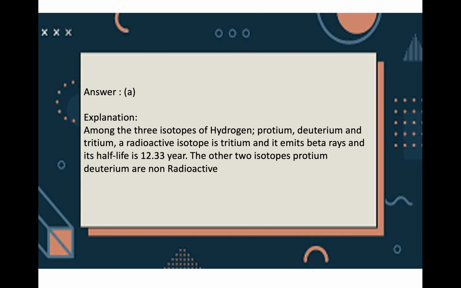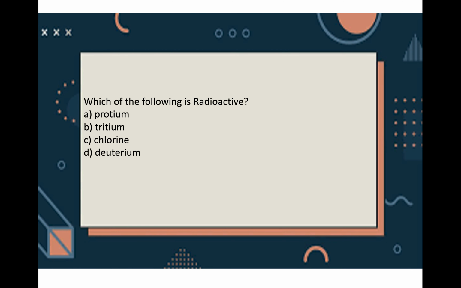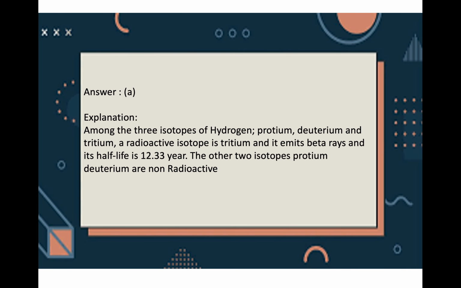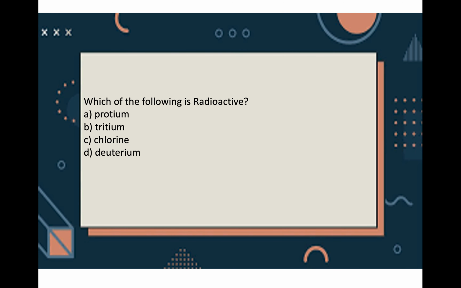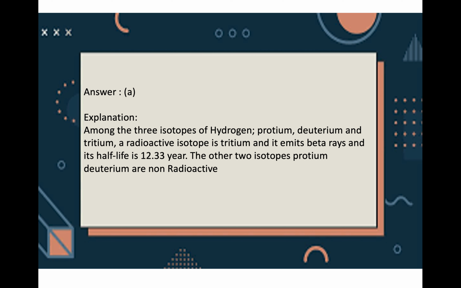Tritium emits beta rays and has a half-life of 12.33 years, but protonium and deuterium are not radioactive. The answer is tritium, which is radioactive. It is wrongly given here as option A; option B is the correct answer. Tritium is the one which shows radioactivity out of the three isotopes of hydrogen. So answer is choice B and not A.